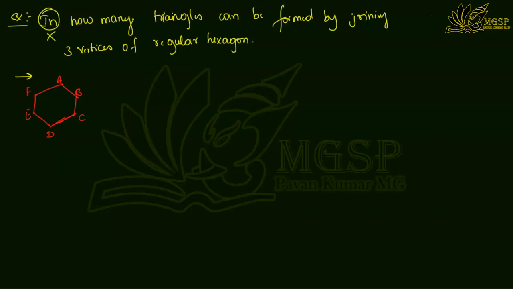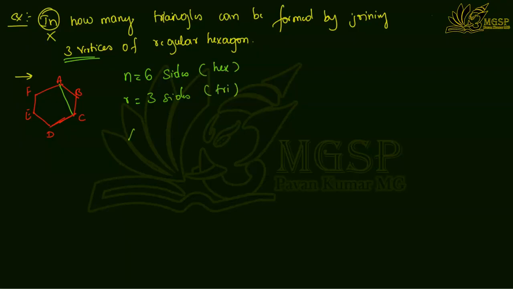A triangle has 3 sides. So the total number of sides, n, is 6, and here they ask you to consider only 3 vertices of a triangle. This is for the hexagon, this is for the triangle.